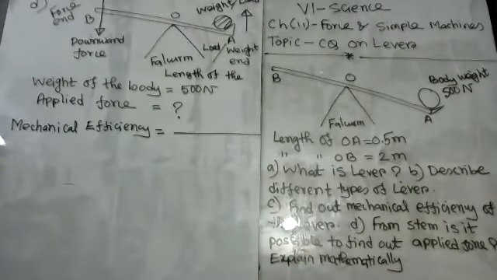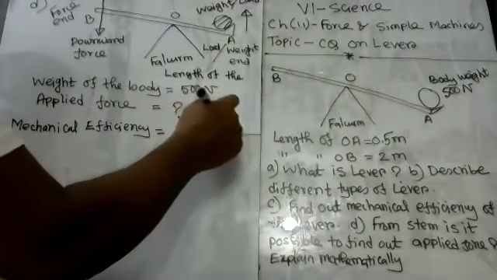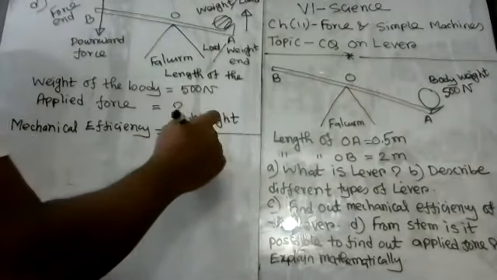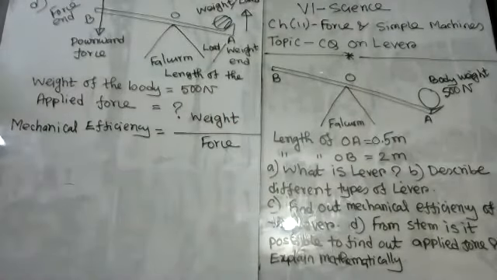So mechanical efficiency equal to weight divided by applied force. Sir, which one will we write? So mechanical efficiency equal to what? It will equal to weight divided by applied force.